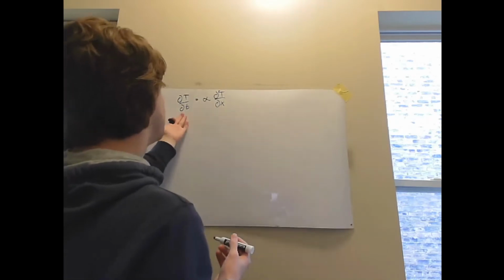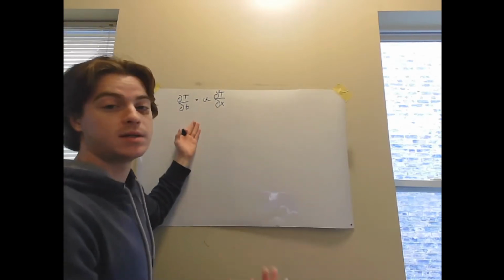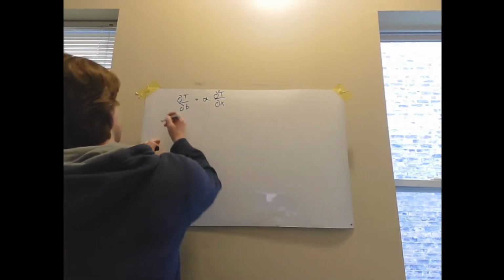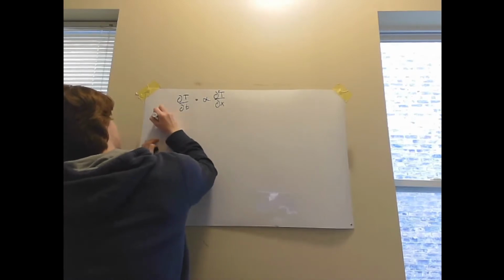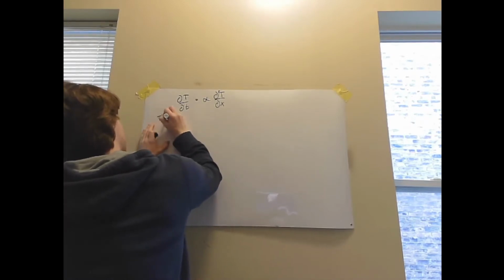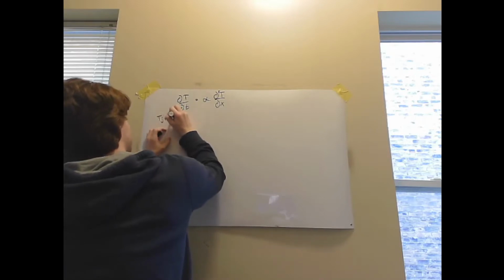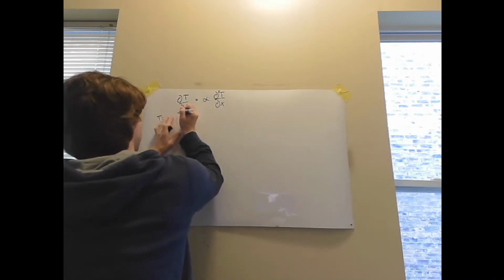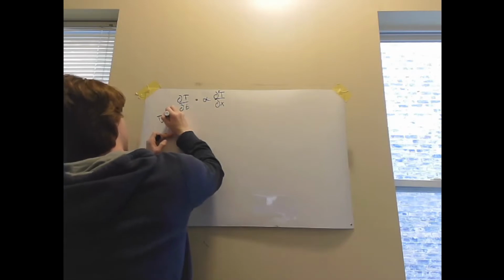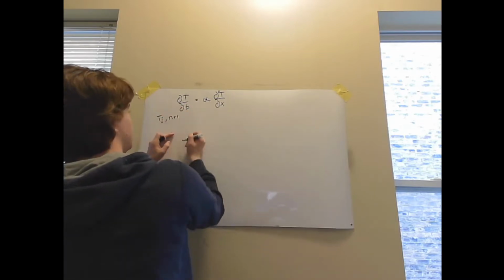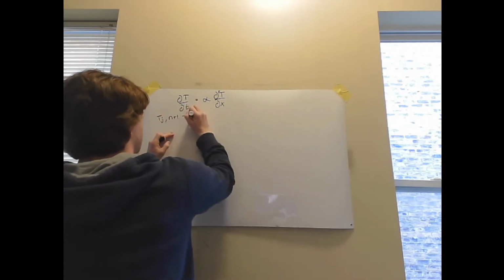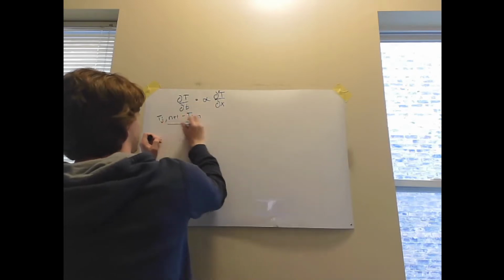So to estimate this derivative, it's actually going to be identical to the last method. It's just going to be the temperature at j, at time n plus 1, minus the temperature at j at time n, over delta t.